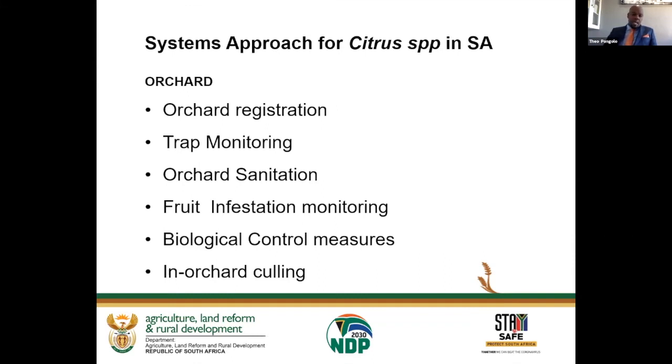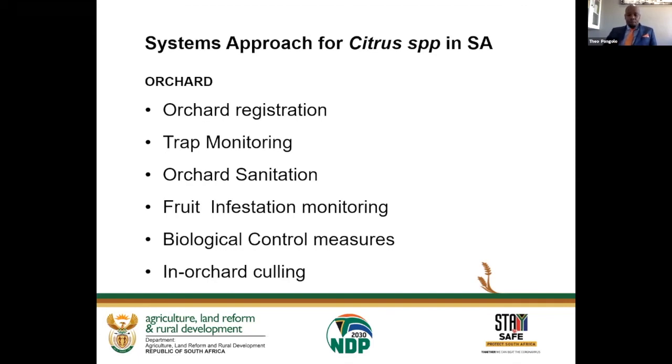Then we take the whole box and put it up on our system. But now, with this system, the farmer, when he's registered, is given credentials to log into the system and to report all the activities that are being followed on the farm, on the orchard, on a weekly basis.